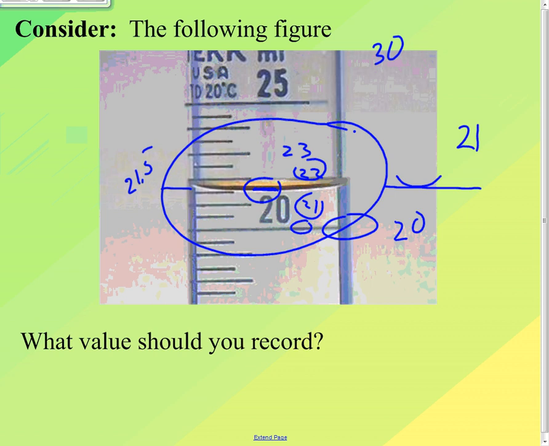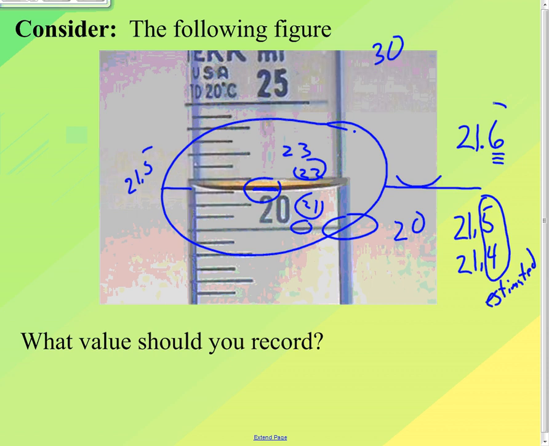I'm going to guess it's slightly above the 21.5, and I'm going to put 21.6. Good. Now, we have to remember that 6 is uncertain. You might look at that and say, oh, I think it's 21.5. Someone else might say, ooh, I think it's 21.4. But remember, this last digit that we write down is estimated, and so there is some uncertainty, and different people will see it differently.